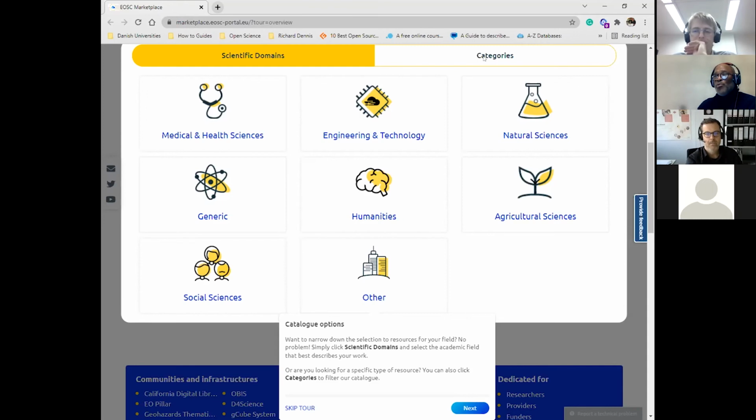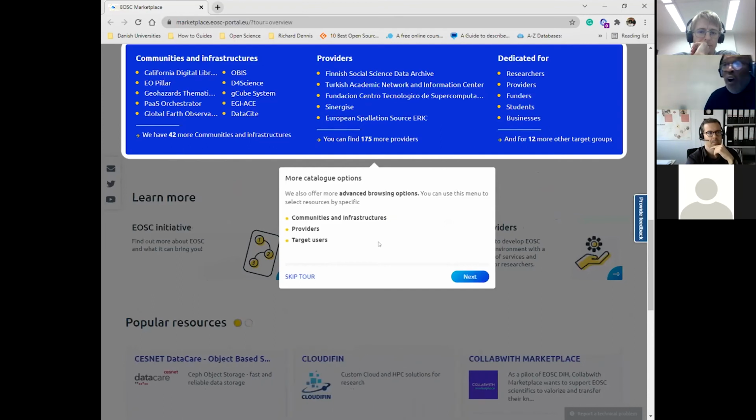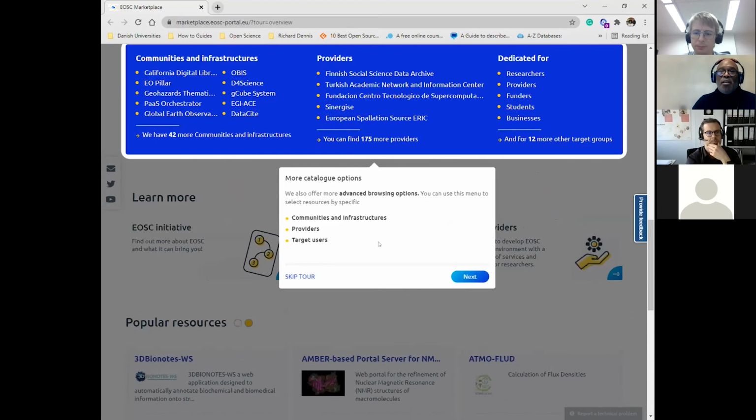Then there are the generic domains, humanities, the agricultural sciences. Here are some of the communities that are involved in the catalog and marketplace.